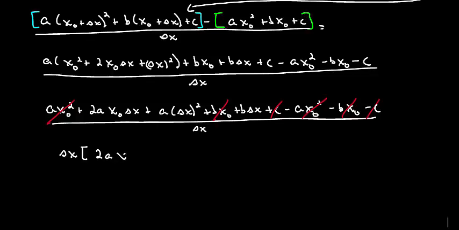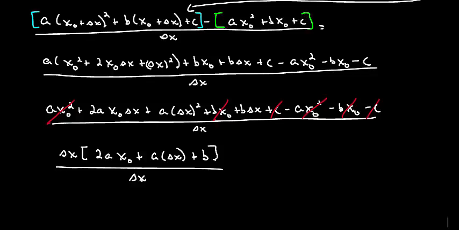2a x naught plus a times delta x plus b, all over delta x. Now, the idea is we're letting delta x get really close to 0, but not be equal to 0, so we can cancel these guys out, and we can say that this is equivalent to 2a x naught plus a delta x plus b.